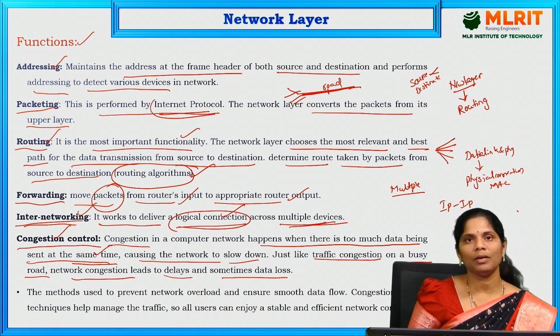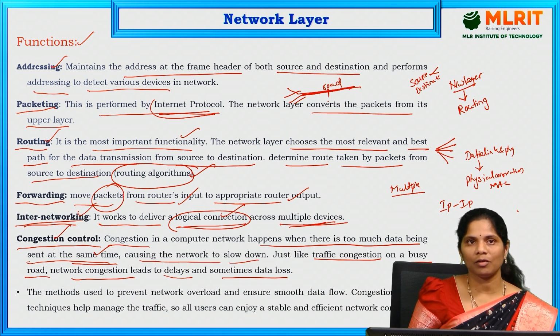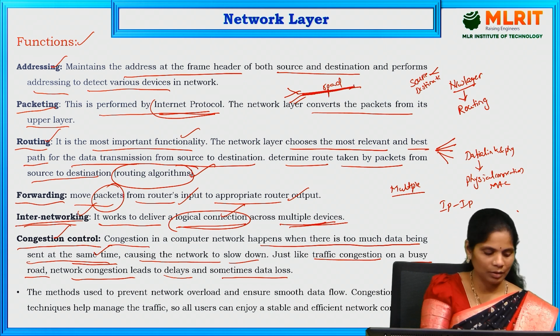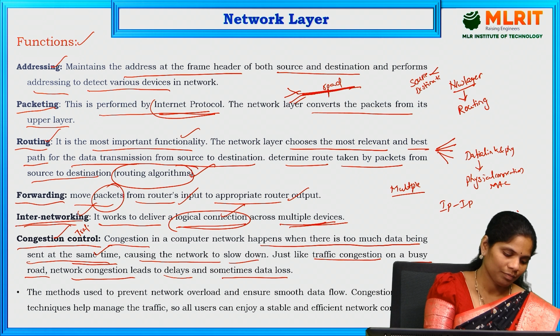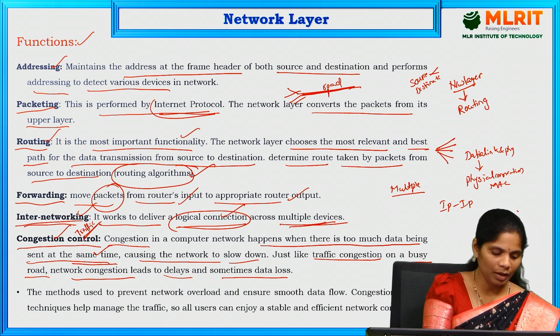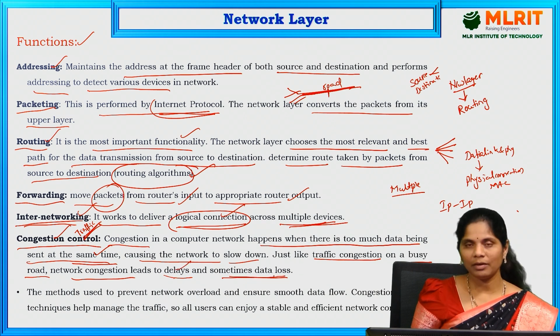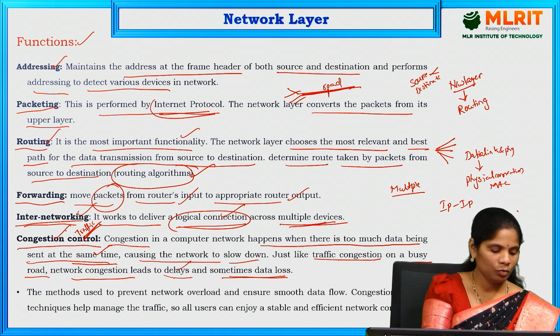Sometimes there can be data loss also. Congestion is basically about traffic. If congestion happens, the data may be delayed, and at the same time data loss will also happen due to the congestion.